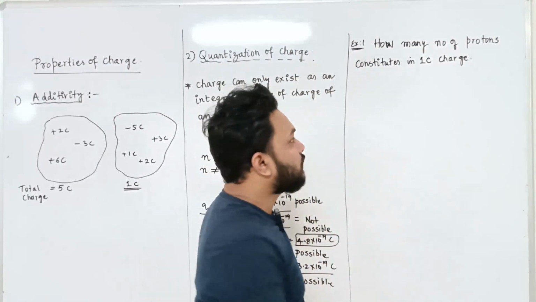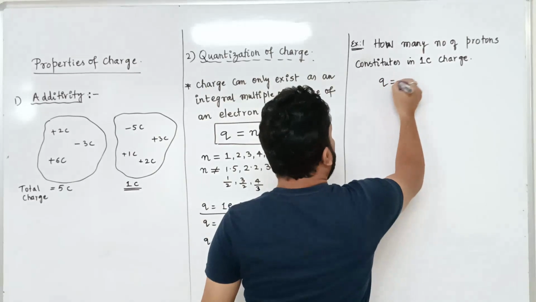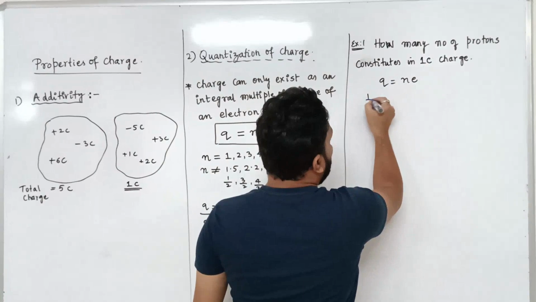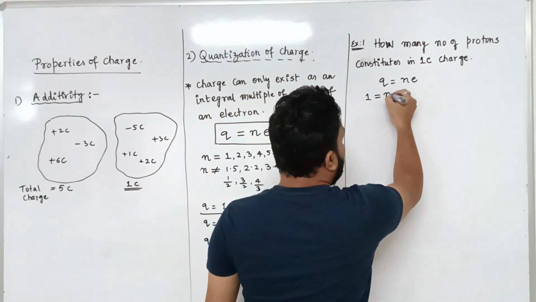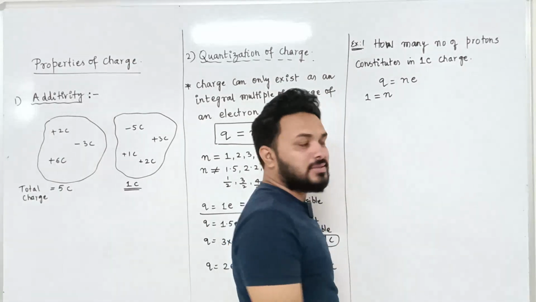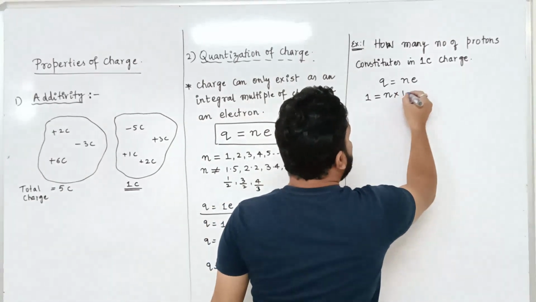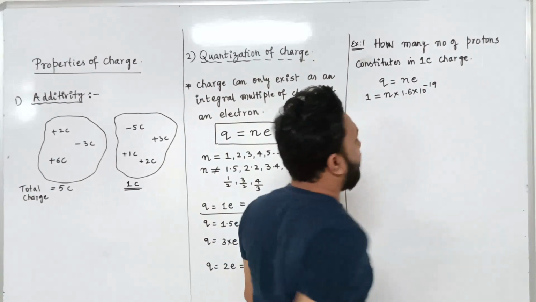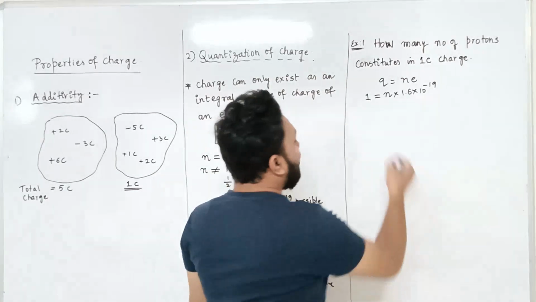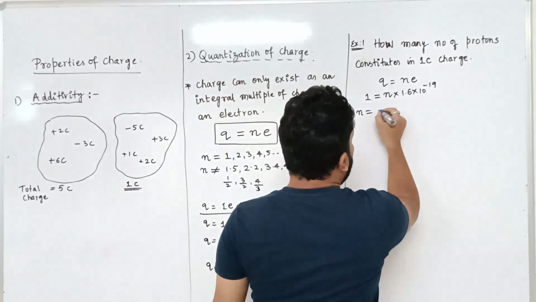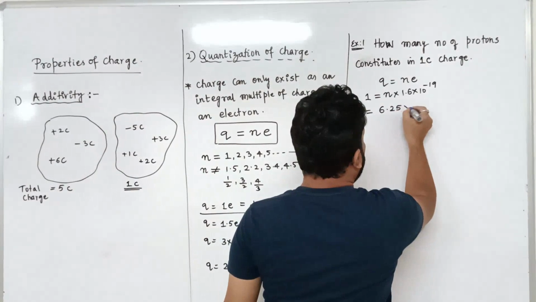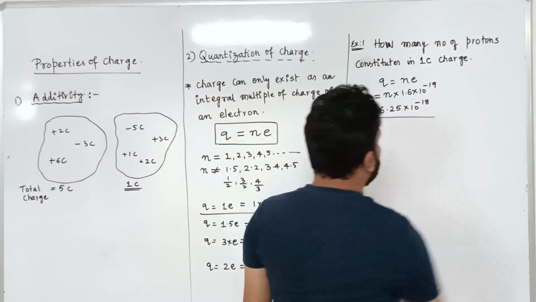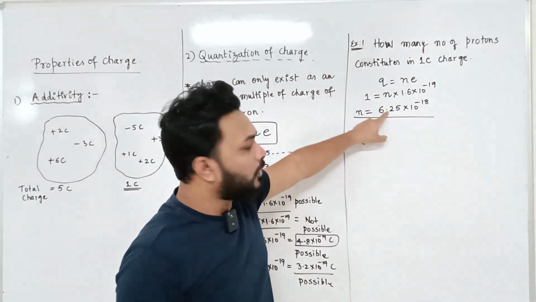They are asking. So what is the equation? Q equal to N into E. What is the charge in the body? 1 coulomb. What is N? That we need to find out now. How many protons? E is 1.6 into 10 to the power minus 19. So N equals, we are getting the value 6.25 into 10 to the power 18 protons. But N can never be a fraction, no?